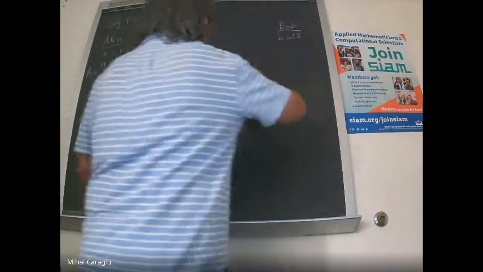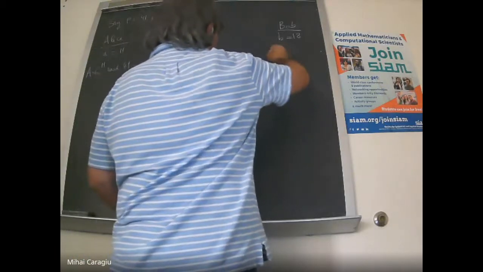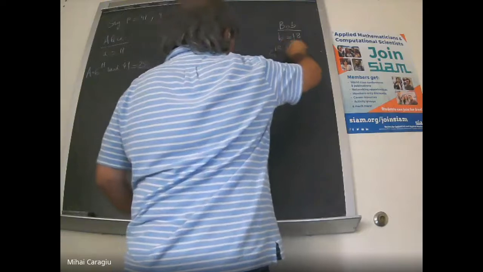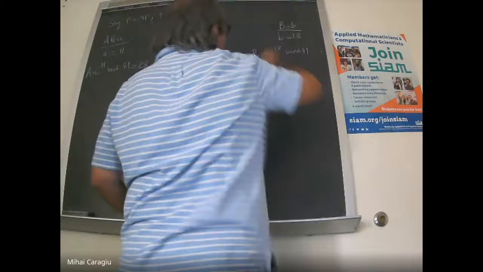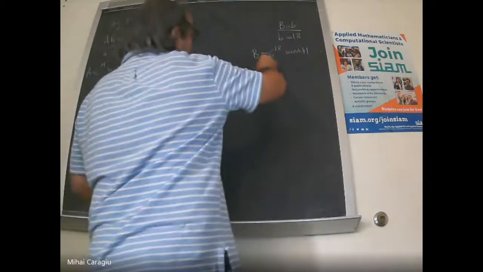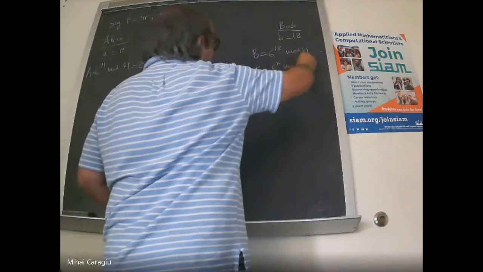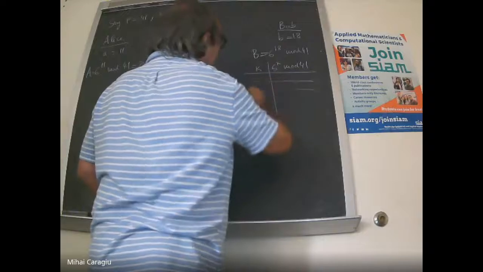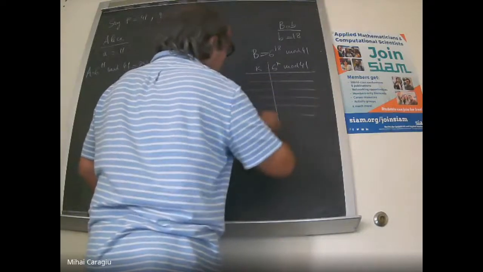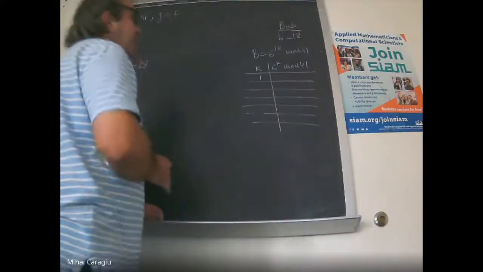Bob calculates exactly like Alice: the primitive root 6 to the power 18 modulo 41. So let's call it big B. Okay, so again, K versus 6 to the power K modulo 41. Here we need to calculate the 18th power.